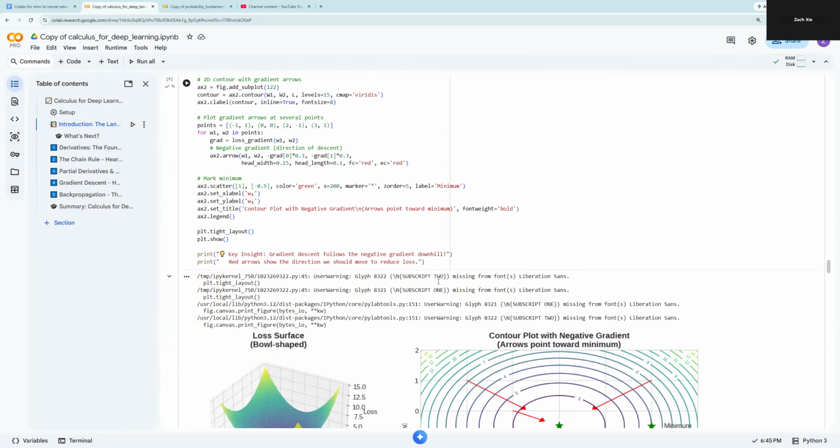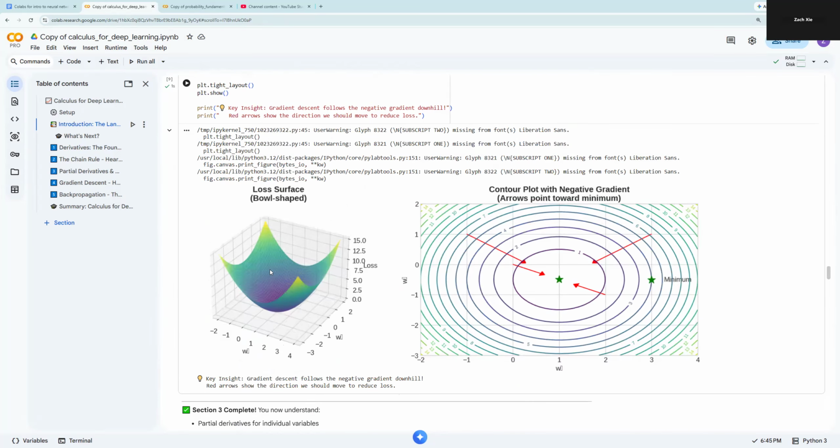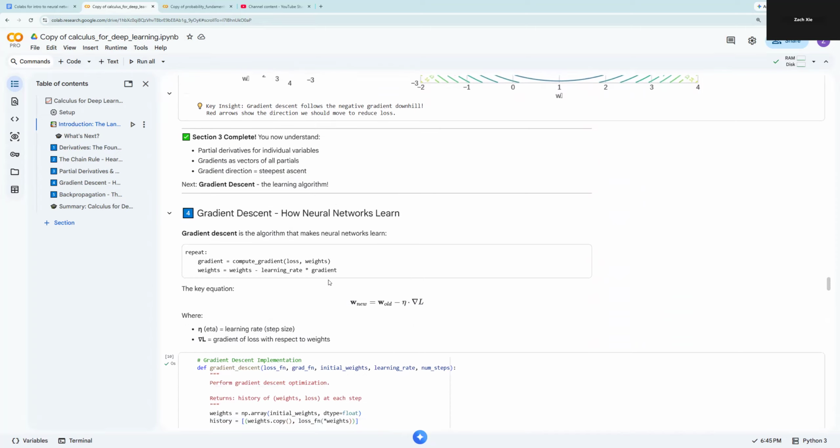Like we said, this is the visualization of that. We essentially want to reach the lowest point. So imagine we start at any arbitrary point. We want to find the most efficient direction where we can get to the bottom, right? That's where the partial derivative comes into play.